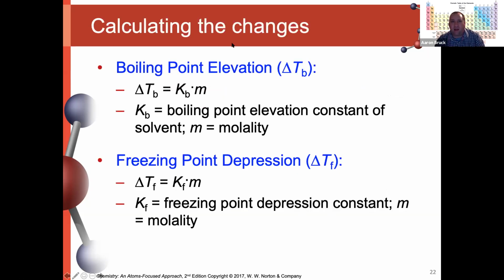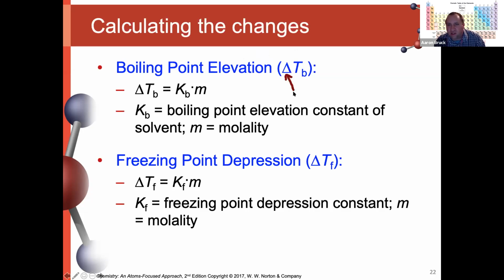Now, mathematically, we can calculate these changes, but what I want you to notice about these calculations is that they are remarkably similar. For boiling point elevation, delta TB, now just a word about our nomenclature here.